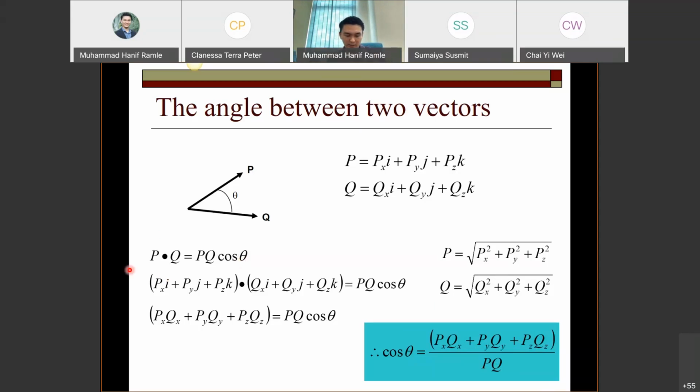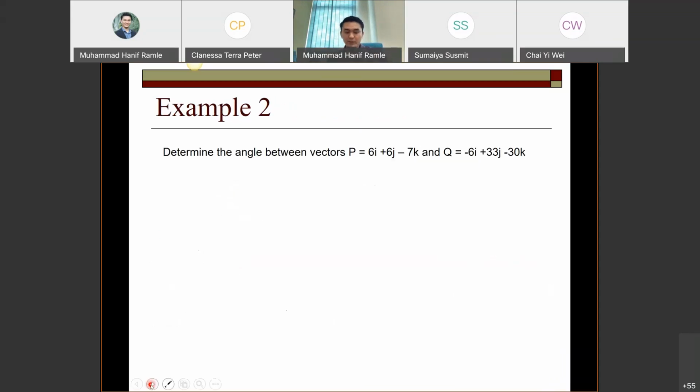So this is the example. Let's say we have two vectors here. For example, I put it from the origin. Let's say I draw it like this. This is the axis.